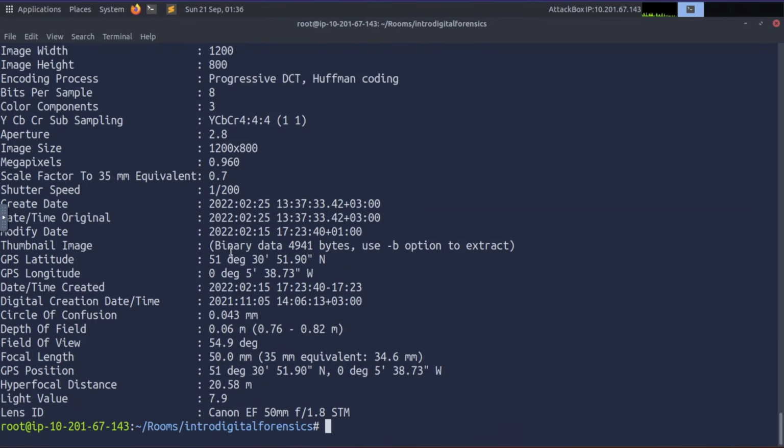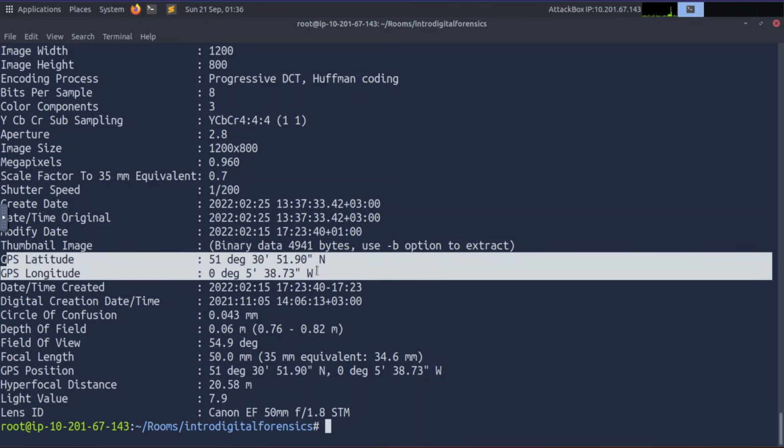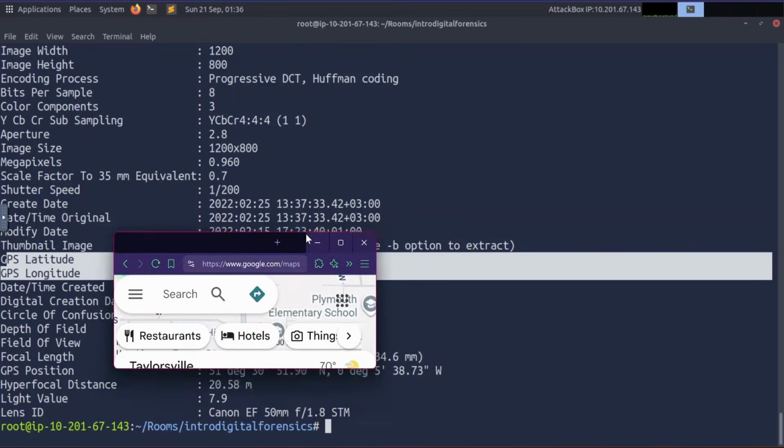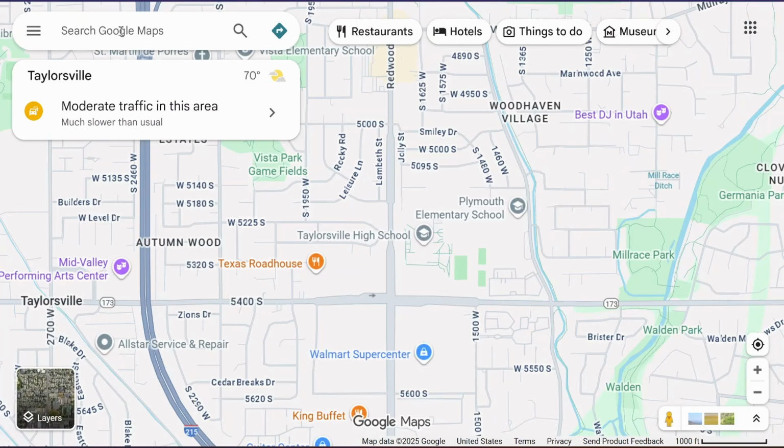But we are looking specifically for the location of this image. And if we come down here, here we go. So GPS latitude and GPS longitude. I'm just going to copy both of those. And then I'm going to open up Google Maps. Here we go.